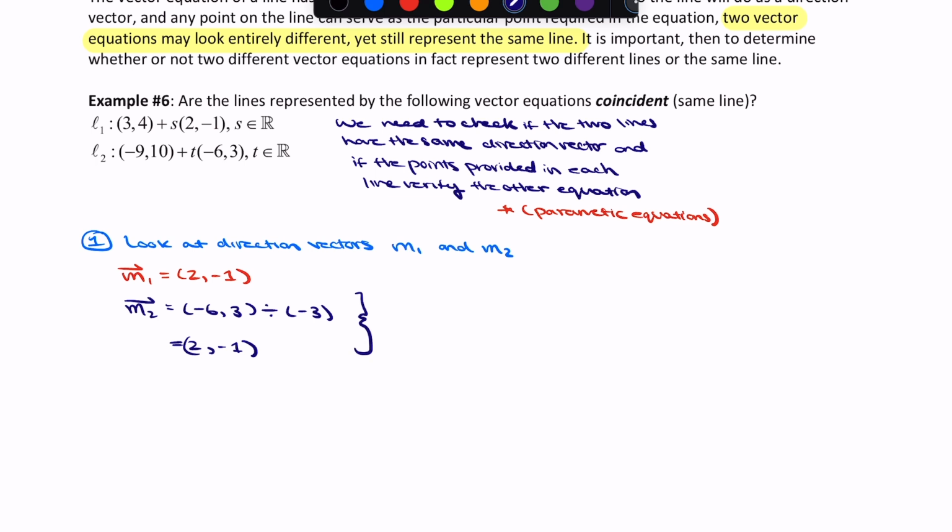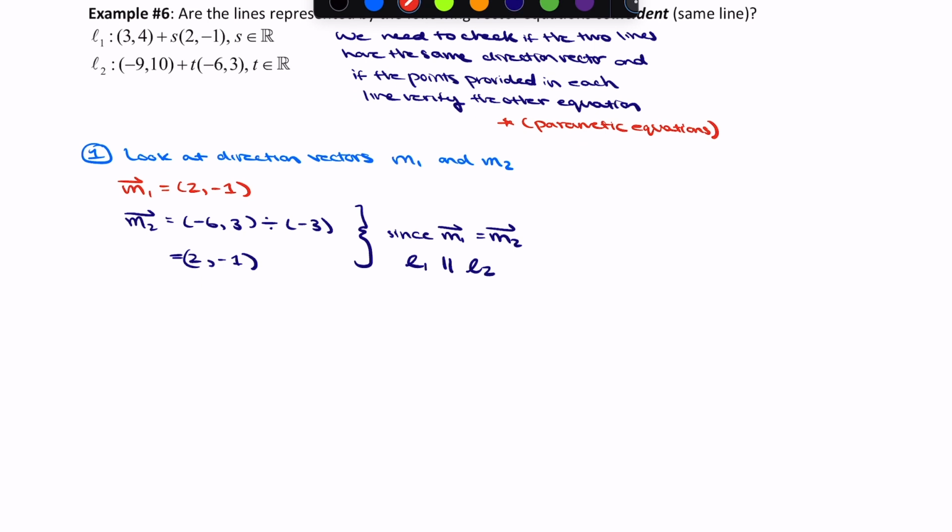And so here, the first thing you can see is that since the direction vector of M1 is equal to the direction vector of M2, line 1 is coincident, or at least parallel to line 2. So to confirm that, we need to verify the points.